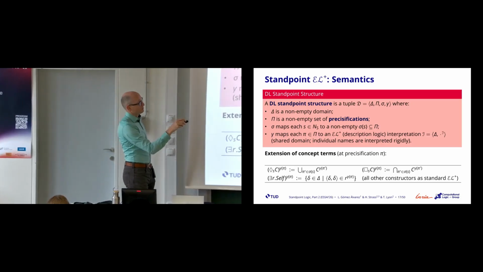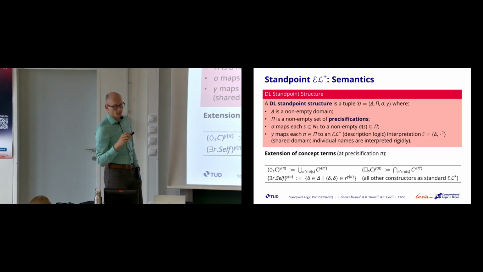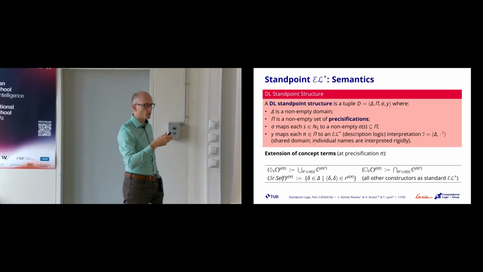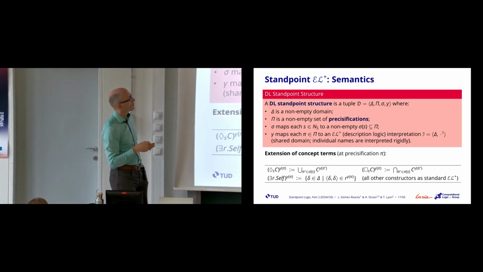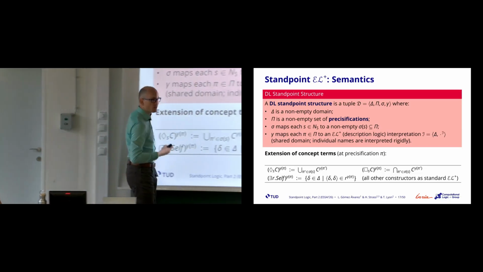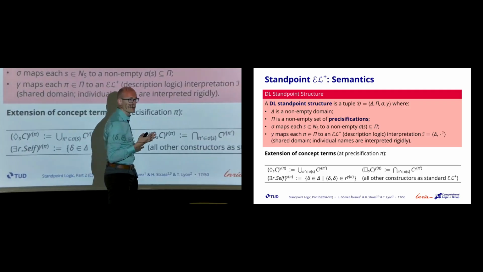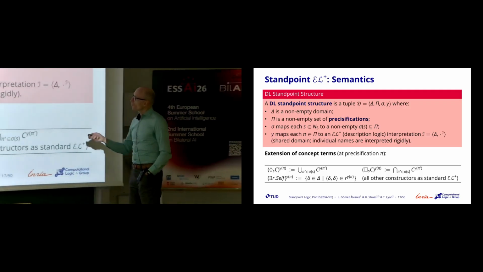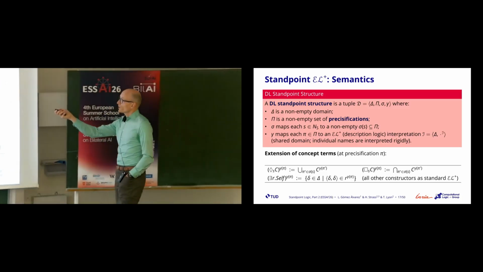As usual, pi is the set of precisifications. Right? So those will lead to the different standpoint extensions. As usual, also, we have the sigma function mapping each standpoint name to some non-empty set of precisifications with the extension of the universal standpoint, the star, fixed to the set of all precisifications. And now the important bit is this gamma.